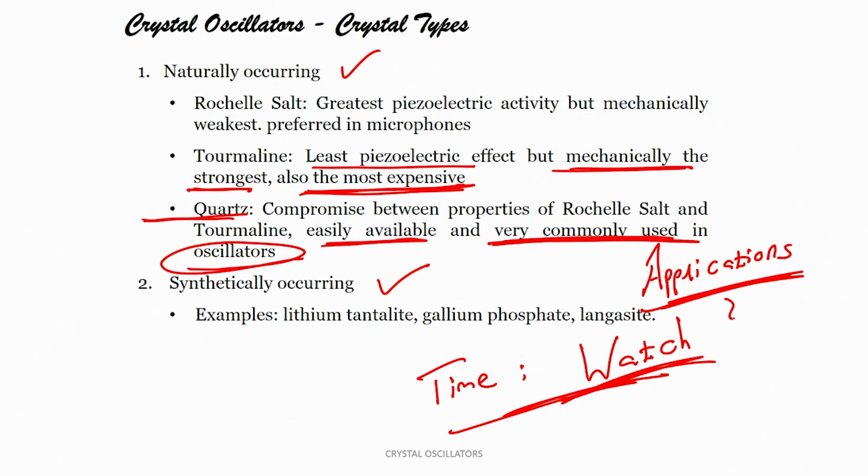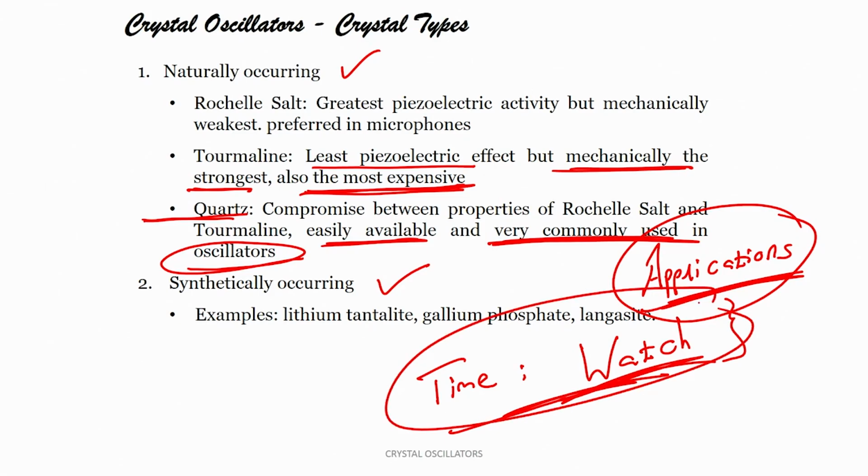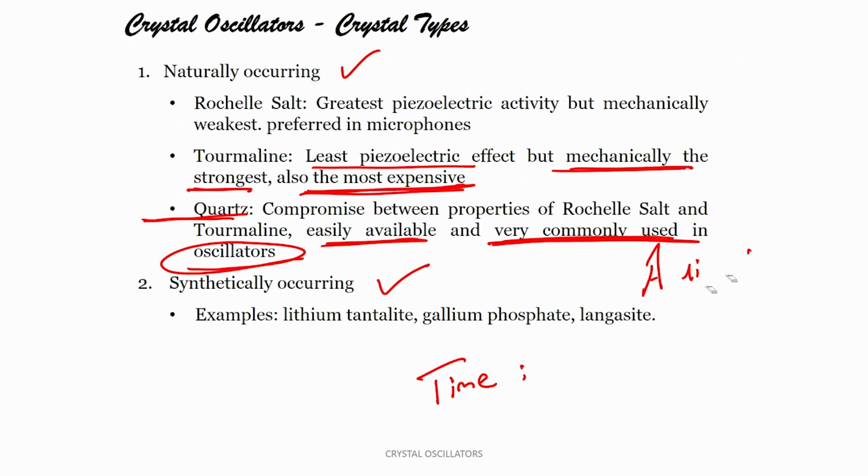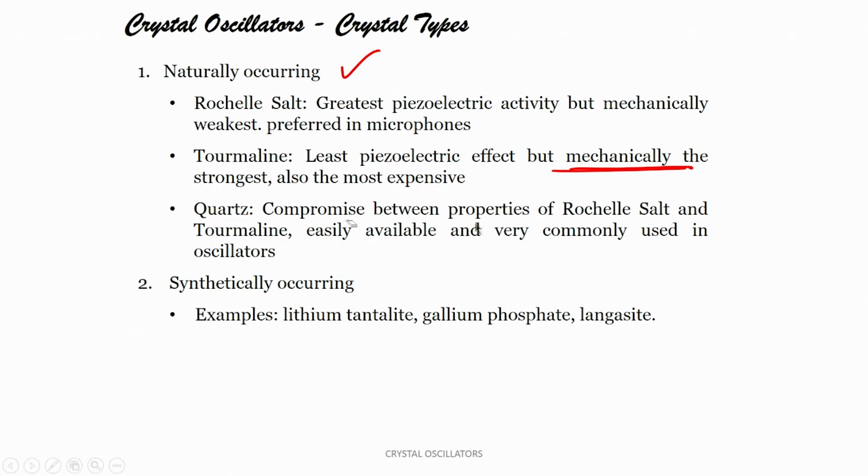Is there a crystal, is there an oscillator in a watch? Look at it: applications of quartz crystal oscillator. See what is there within a watch. Okay, cool. So these are naturally occurring.